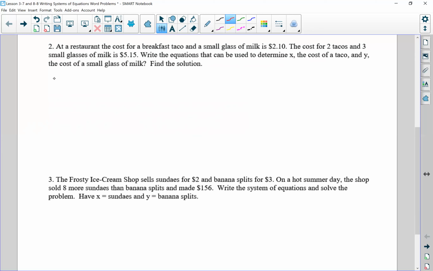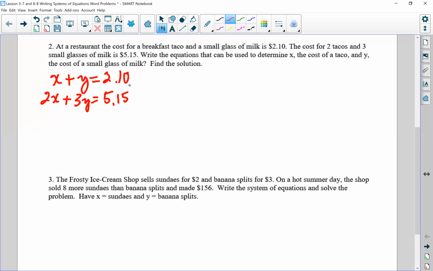For a breakfast taco, we have X, plus a small glass of milk, that's Y. Together they equal 210. So there's my first equation. The second one, 2 tacos, 2x plus 3y equals $5.15. Okay, so there's my system of equations.